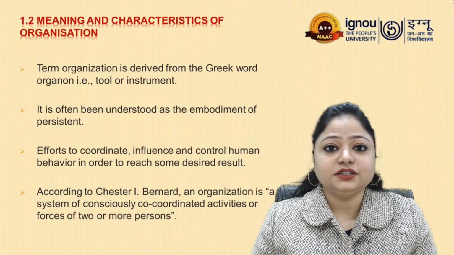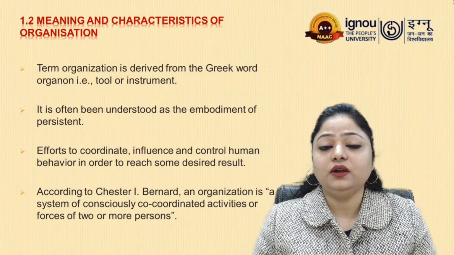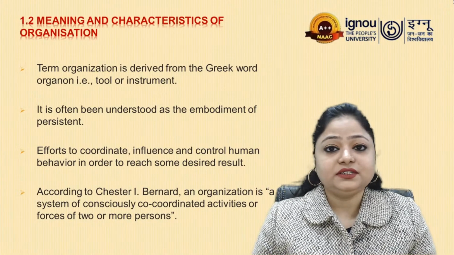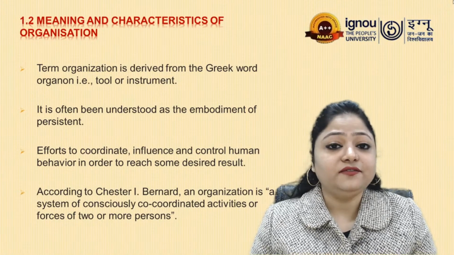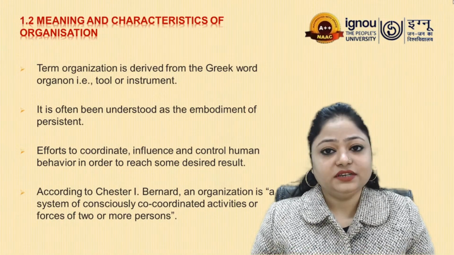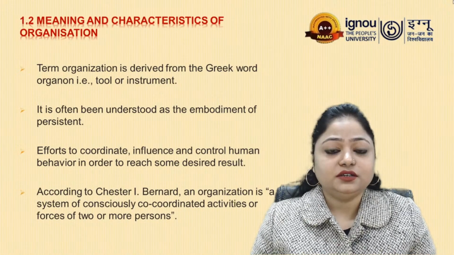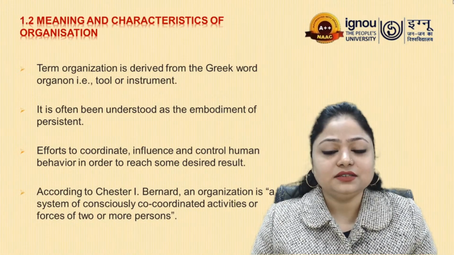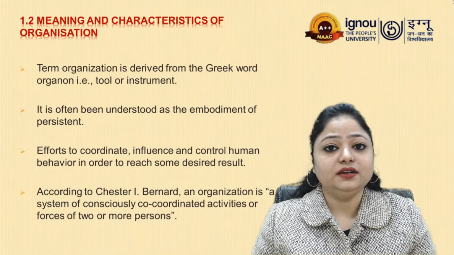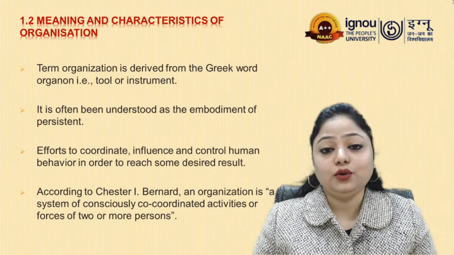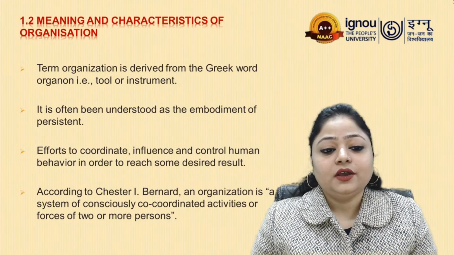So, organization to be called as an organization needs to be persistent in all its activities. So, if it ceases to exist, then there will be no organization. So, efforts are there to coordinate, influence, and control human behavior in order to reach some desired result. So, without intervention, without the effort to coordinate and control and communicate, no organization can succeed or even exist.